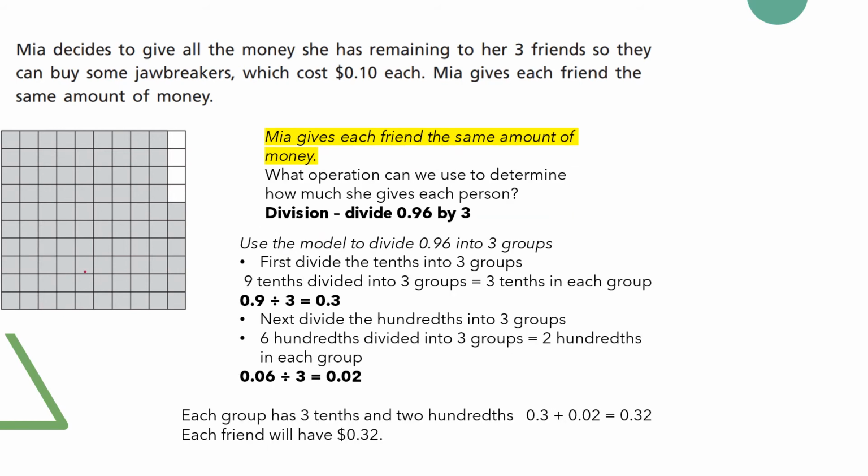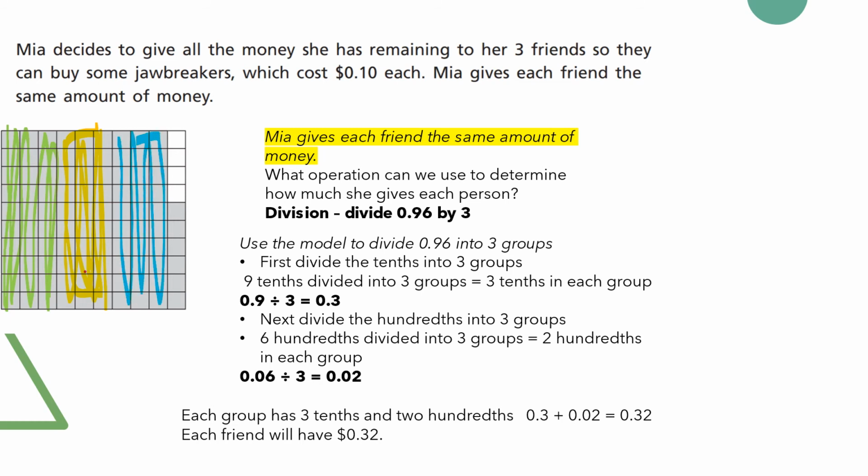Okay. Let's use the model to divide 96 into 3 groups. The first thing we're going to do is we're going to divide the tenths into 3 groups. I'm going to shade these. So we've got one group of 3, because I know 9 tenths divided by 3 is 3 tenths each. Okay, so I'm going to use my different colors here to help me.